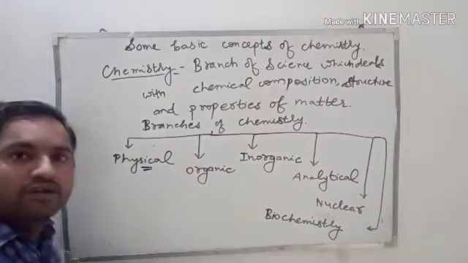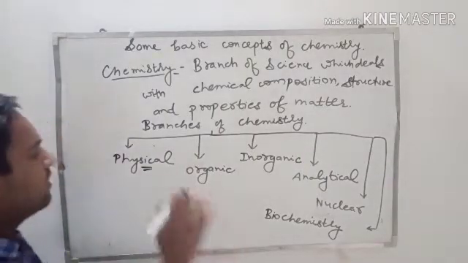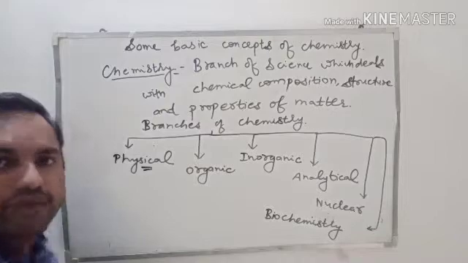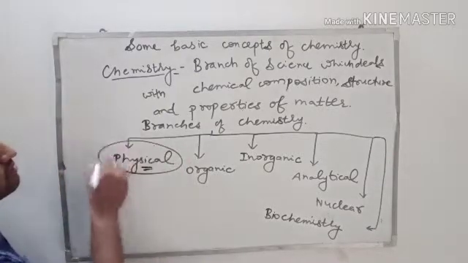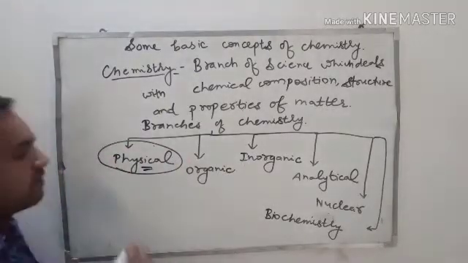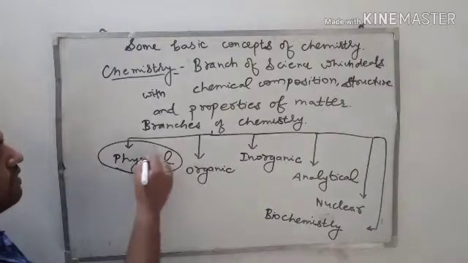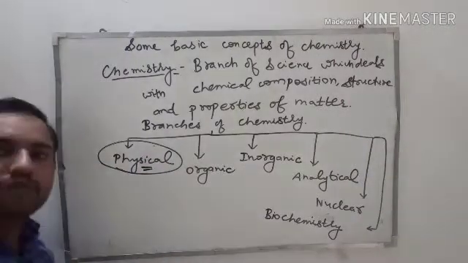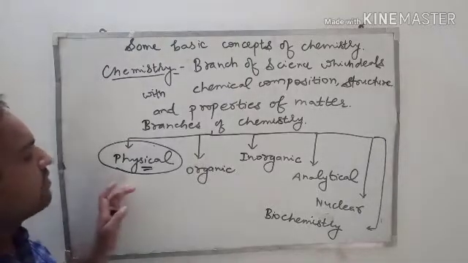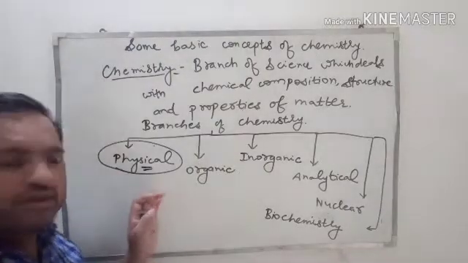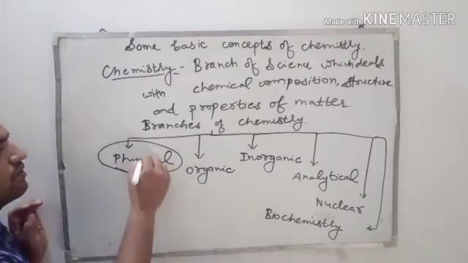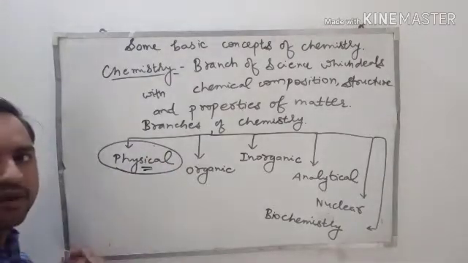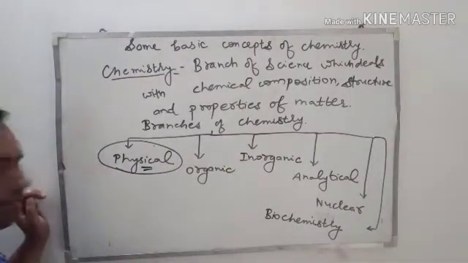So, what is the first point? Physical chemistry. Physical chemistry basically deals with the physical properties. In physical chemistry, we basically deal with the physical aspects of chemical compounds or elements or matter.